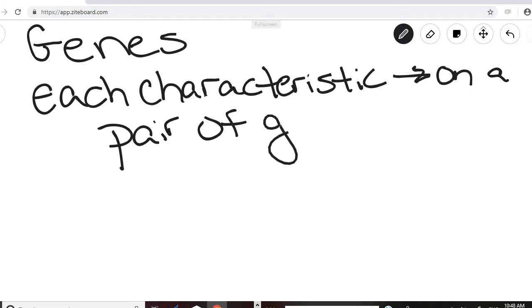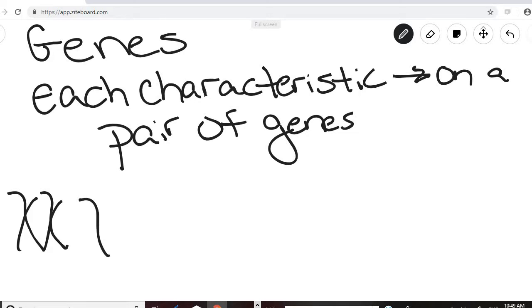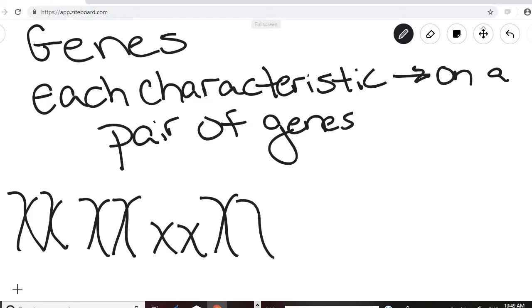And if you remember from last module, we said that chromosomes come in homologous pairs. So for humans, we have 23 pairs of chromosomes.